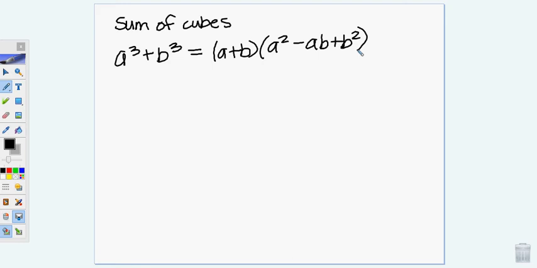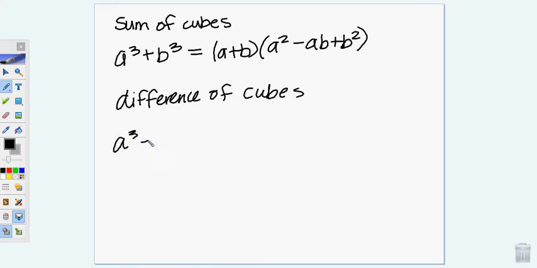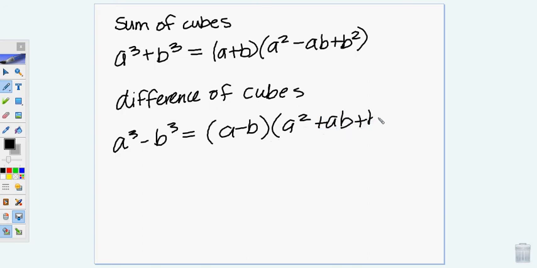I also want you to be able to recognize the difference of cubes. If it's a cubed minus b cubed, I'm going to factor it into (a minus b) times (a squared plus ab plus b squared).